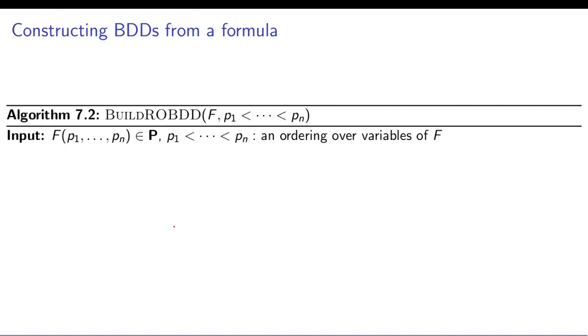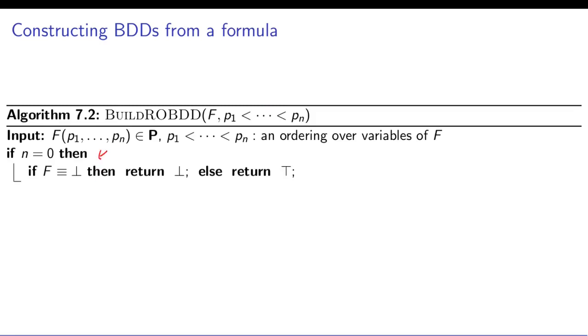How would you construct a BDD from a formula? So let's suppose you are given a formula f, and the variable ordering is already specified. Then how do we go about building it? If the number of variables is 0, if there is no variable in your formula, then it is either equivalent to false or equivalent to true.